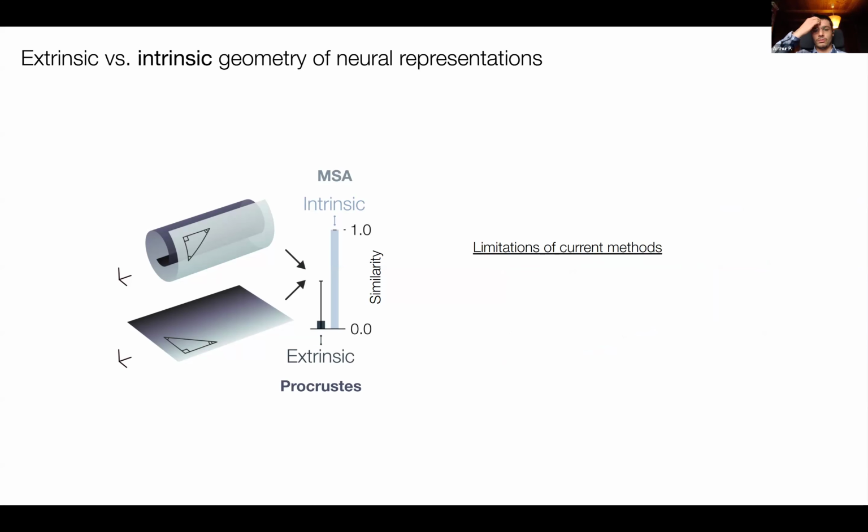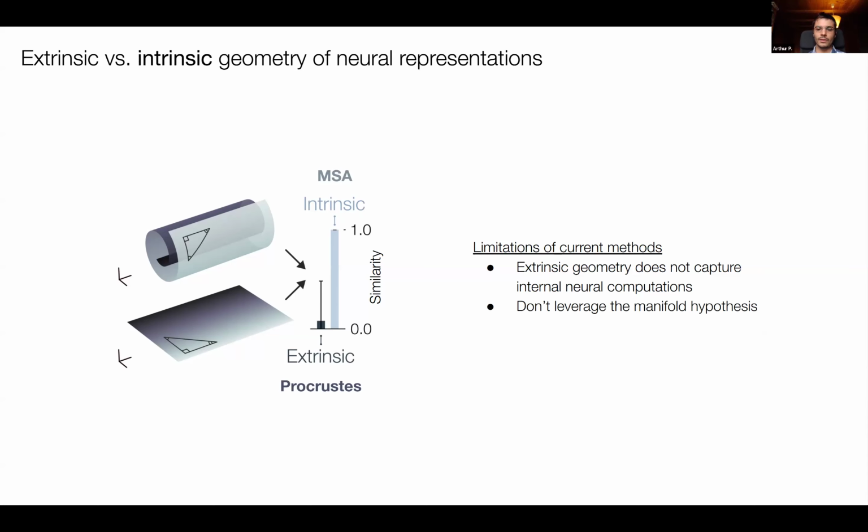Okay, so slightly more generally, the limitations of current approaches for these similarity analyses are as follows. Like I've said, they focus on the extrinsic geometry of these neural representations rather than the intrinsic geometry of the manifold. They don't really leverage the fact that the inputs to a network can lie on a manifold, or that the activation of the network naturally lies on a manifold.